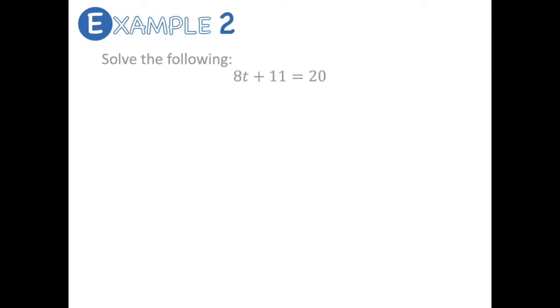Next, 8t plus 11 is equal to 20. So we're applying my reverse BIDMAS order. I've got positive 11 that I need to remove first. Opposite of positive 11 is negative 11. So I'm going to subtract 11 from both sides. That leaves me with 8t on my left-hand side.